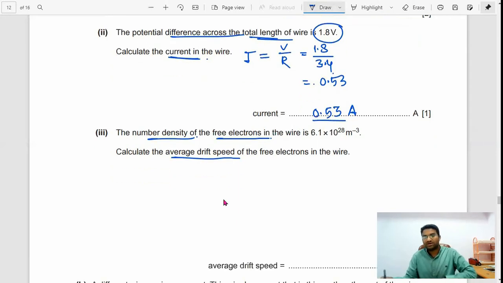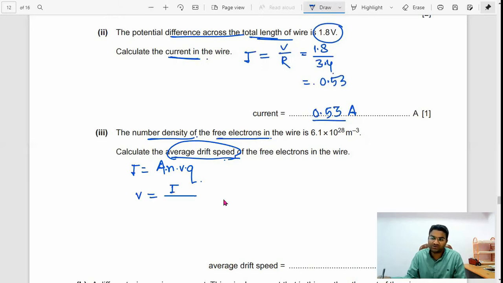I hope you know that I is equal to A n v q is the formula to calculate the average drift speed. Average drift speed means here we have to calculate the velocity v. So you can rearrange the formula: v equals I over A n q.